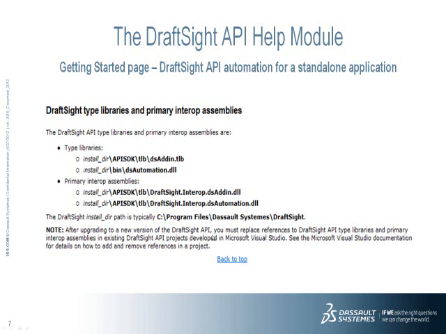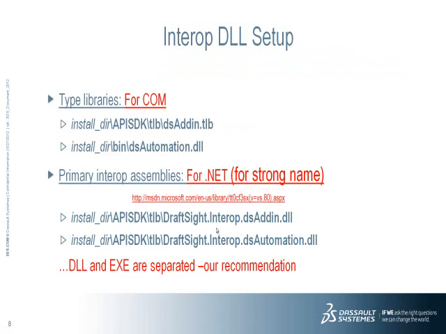It says that, generally speaking, it talks about upgrading the DLL, because with every release of DraftSight the DLL is also being updated. The next slide actually differentiates between the DLLs that you want to use or can use in your API programs.